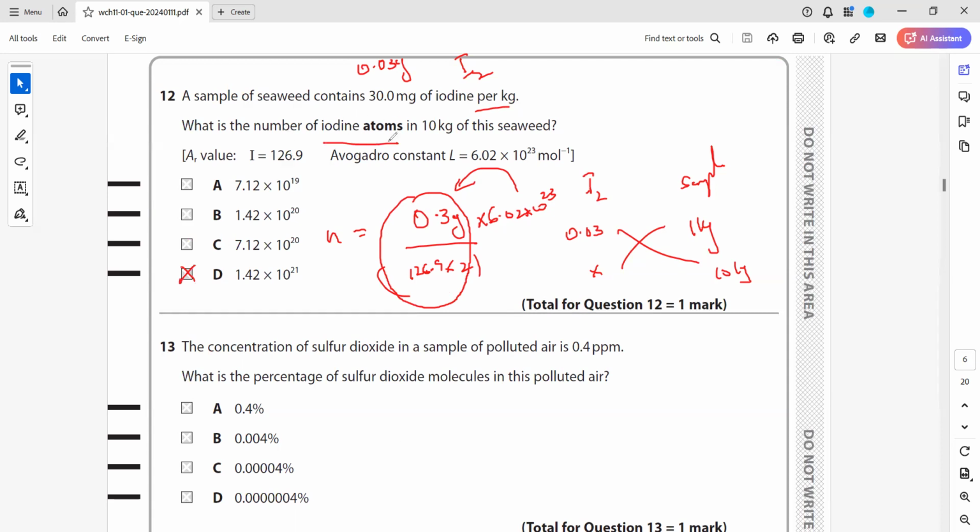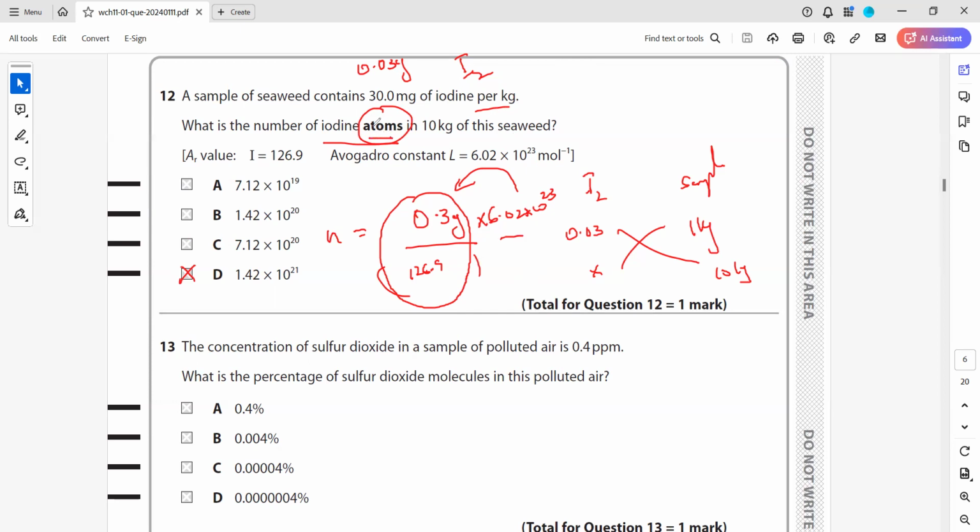If they ask for atoms, one more thing, because it's written in bold, atoms, then I will not multiply this by 2. In this case, it will be 0.3 divided by 126.9 times the Avogadro's constant. Why should I not multiply by 2?